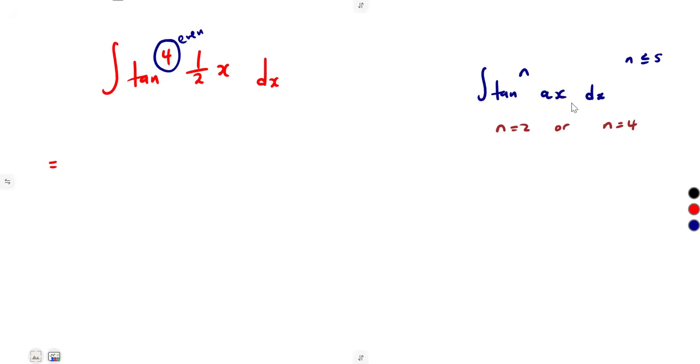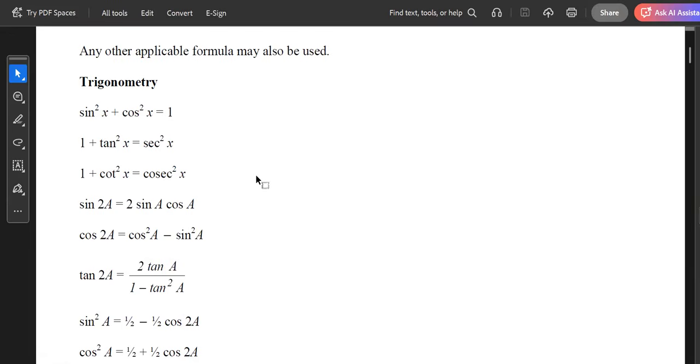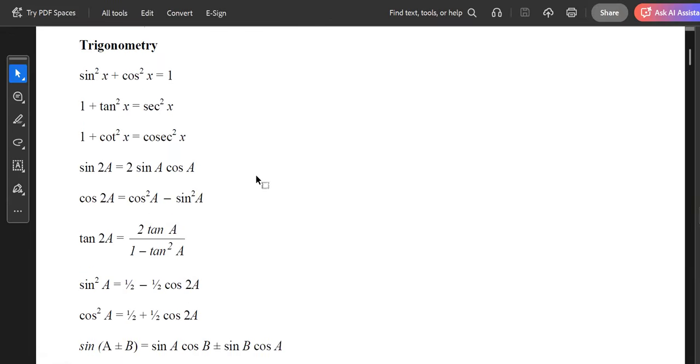On tan, we are going to notice that it is one and the same substitution that we are going to make, whether it is for the even or the odd powers. We are still going to use the identity of tan, which is from our formula sheet. We need this identity here.